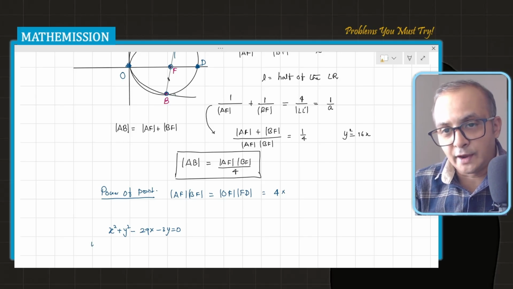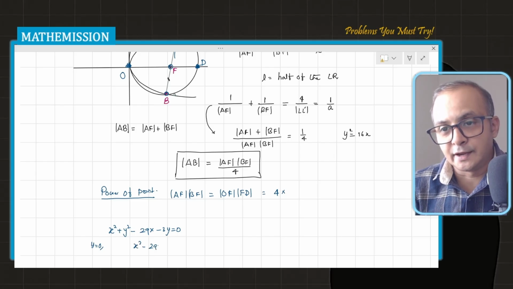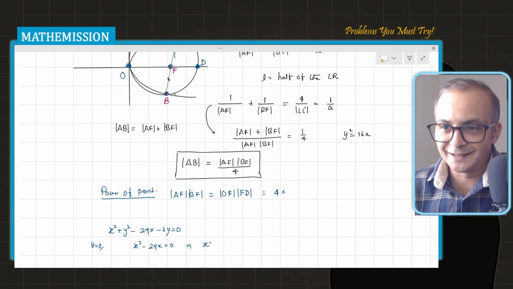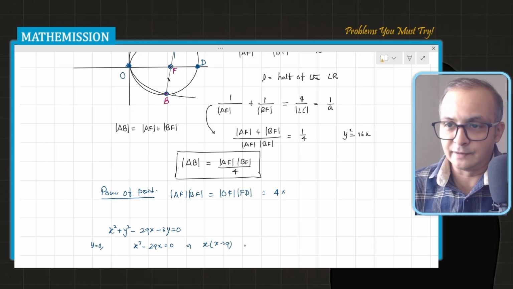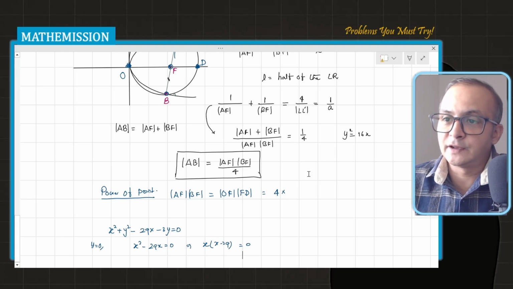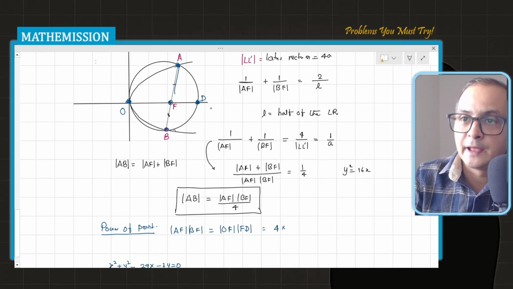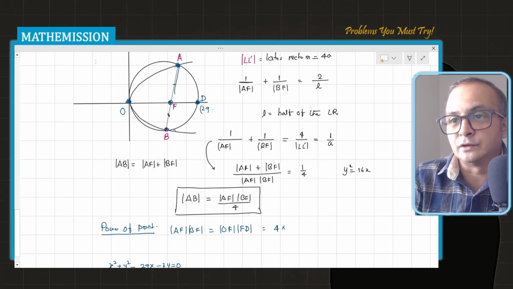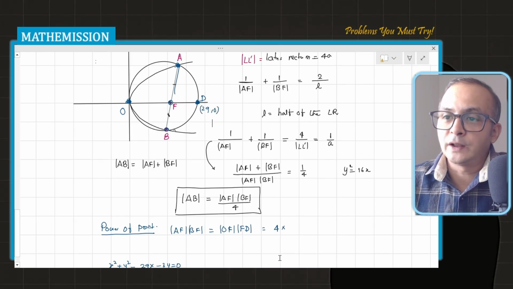So we substitute y is equal to 0, and we get x square minus 29x, which gives x into x minus 29. It means x is equal to 0, which is the reference origin, and D is (29, 0). Now, what is the length FD?